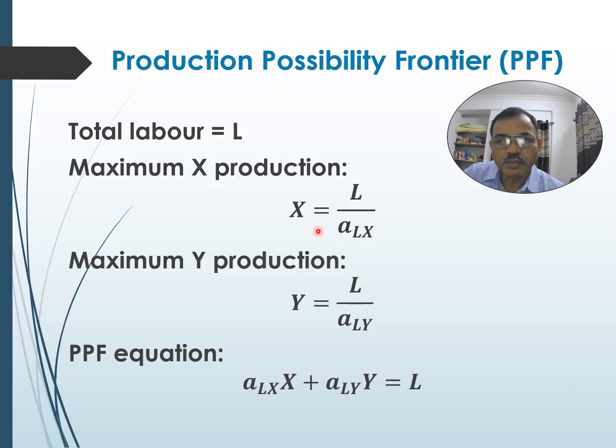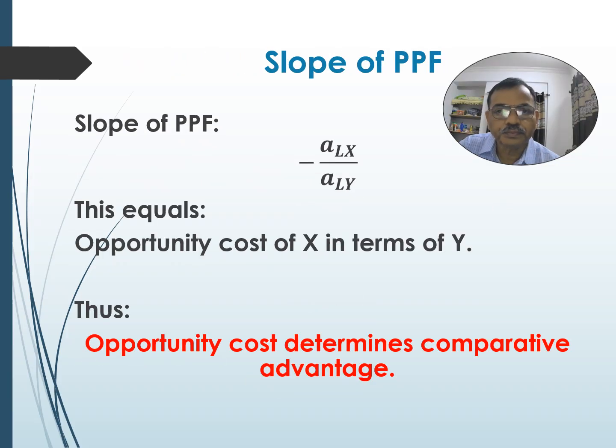Let us now examine the slope of the PPF. The slope of the PPF, production possibility frontier, is equal to minus ALX divided by ALY.